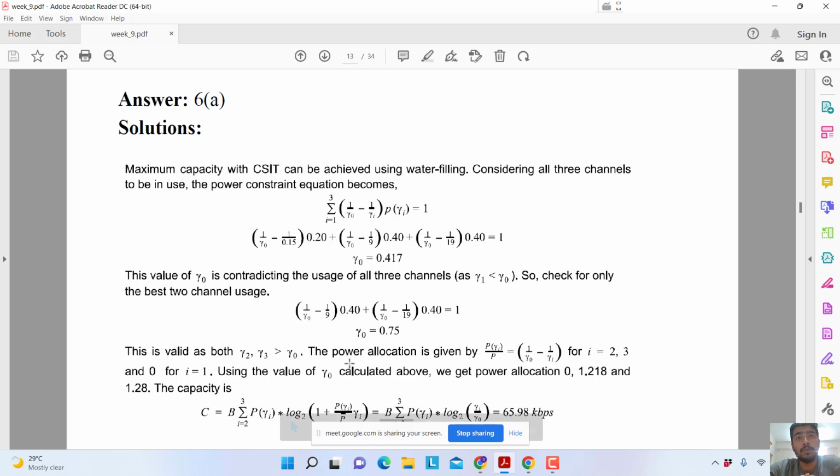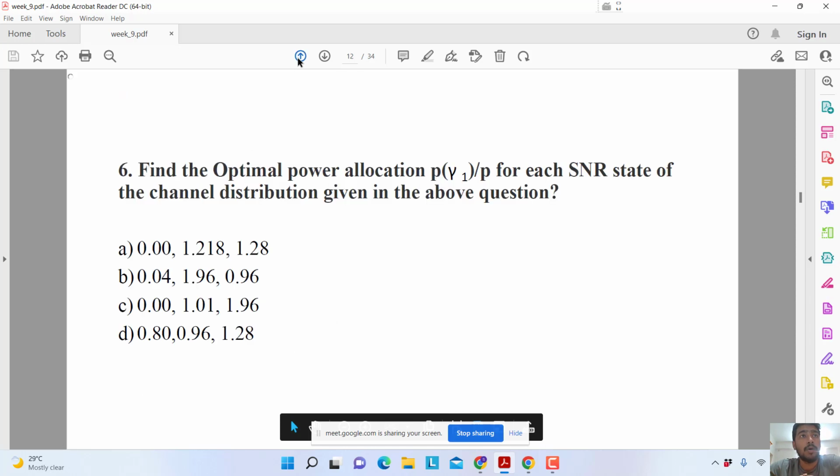From there we can calculate our power allocations by putting in the value of gamma naught and gamma i from 2 to 3. For gamma 1 it will become 0, and for gamma 2 and gamma 3 it will become 1.218 and 1.28. So according to our options, A is the right answer.